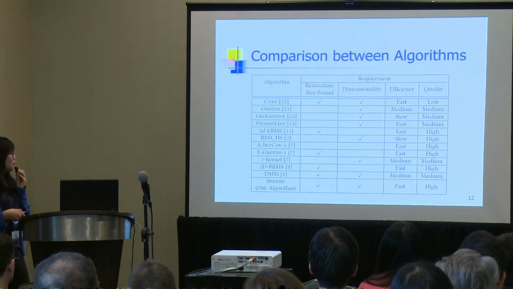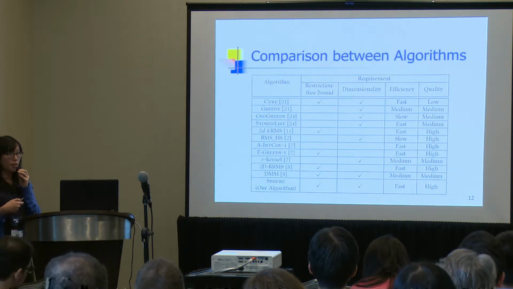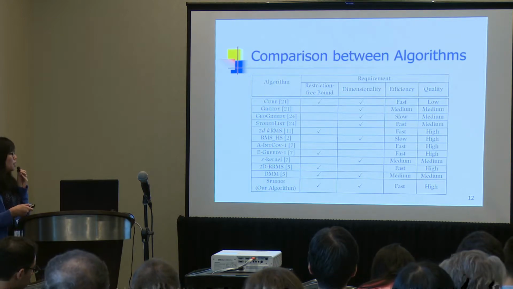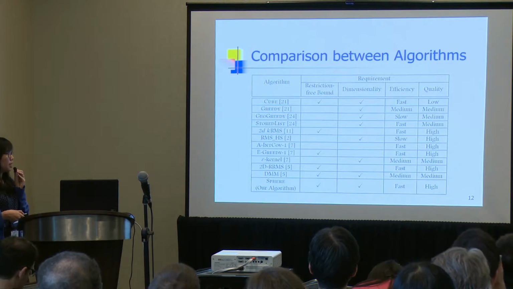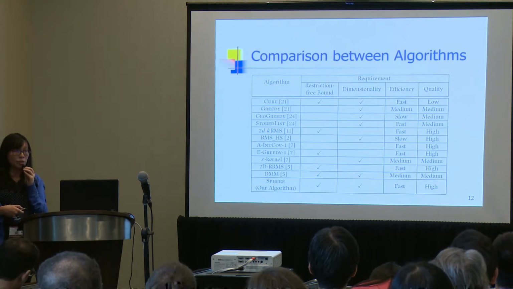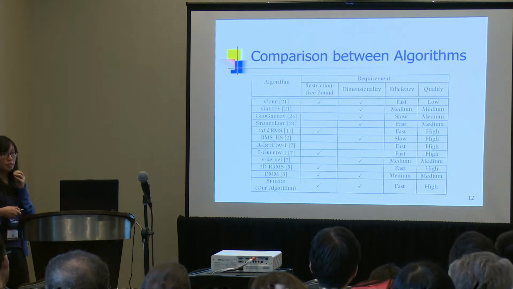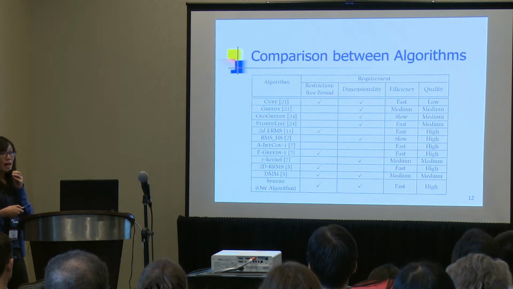Some algorithms are restricted to the 2-dimensional space, when the data is only described by 2 attributes. Some algorithms are not very efficient, and may take exponential time to execute. And also some algorithms are of poor quality. The maximum regret ratio they return is very large in practice.